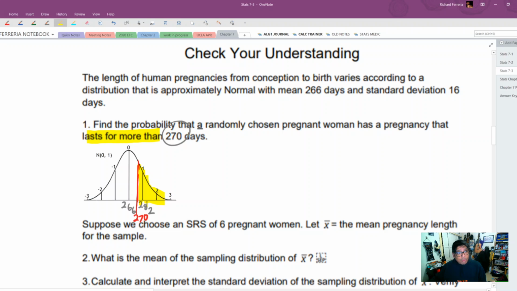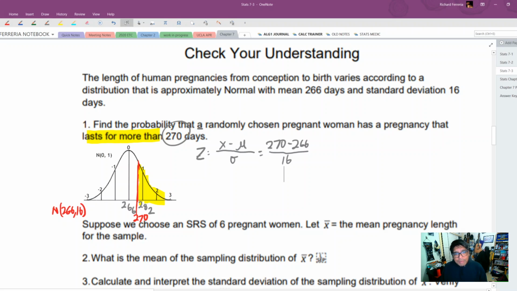Next, we need to also say that this is a normal distribution with a mean of 266 and a standard deviation of 16. Now we'll go ahead and get our two equations. First equation, the z-score is x minus mu over sigma, and not x bar, just x.